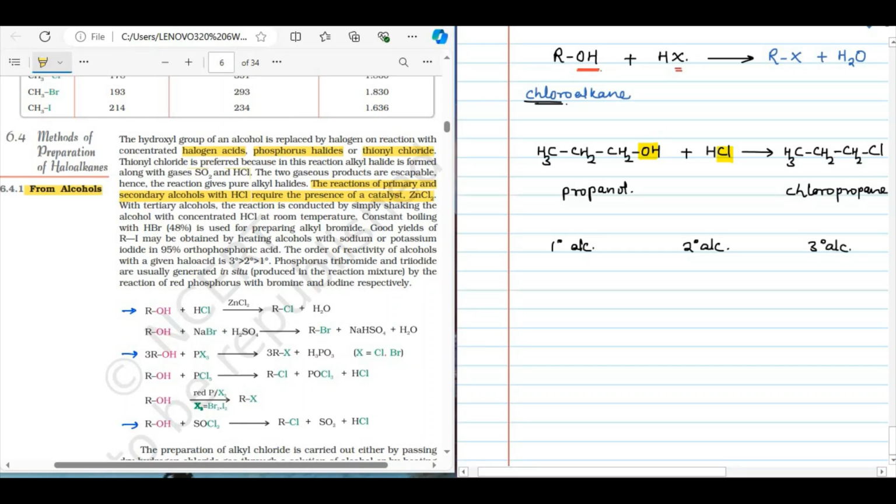Primary alcohol means the carbon to which the OH group, that is your functional group, is bonded should attach to one more carbon. So it is attached with another carbon. Now balance the hydrogens. So here it is CH3, this is CH2 and this is OH. Secondary alcohol means the carbon to which your functional group OH is bonded should bond to another two carbons.